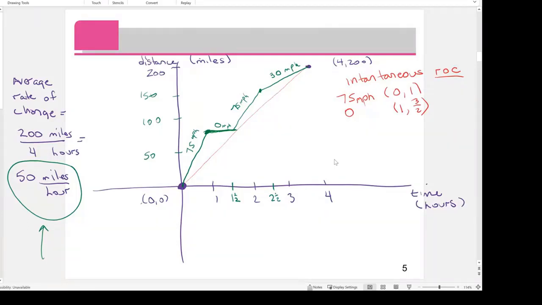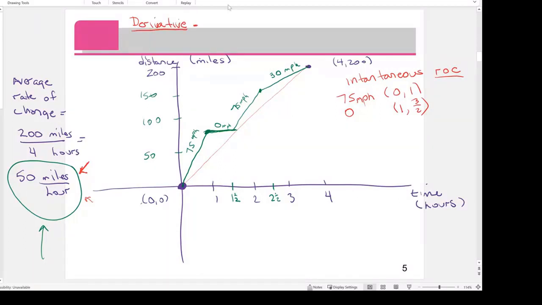If I have distance and time, and I find the slope, it's going to be miles over hours, because y is in miles and x is in hours. I can say that the derivative here, let's just call it the derivative, because we're talking about the instantaneous mostly. That's what this section's about.